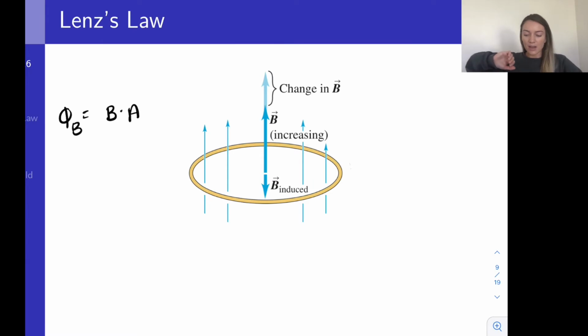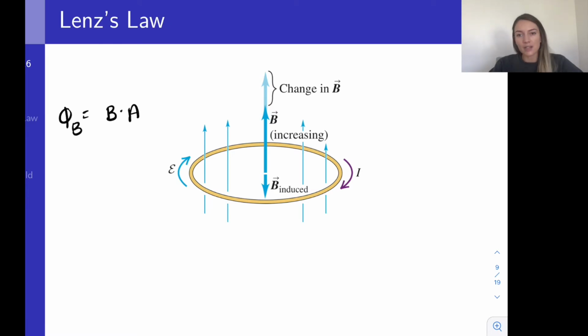If we want to induce a magnetic field that's pointing downward, our hand has to turn in the clockwise direction here. So what that means is that we want to induce a current and an EMF in that clockwise direction, because if I have a current going through my wire in this direction, that will induce a downward magnetic field. It will create a downward magnetic field to offset this change in B, or this change in flux here.